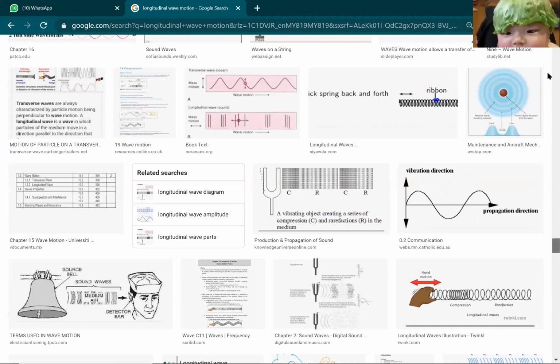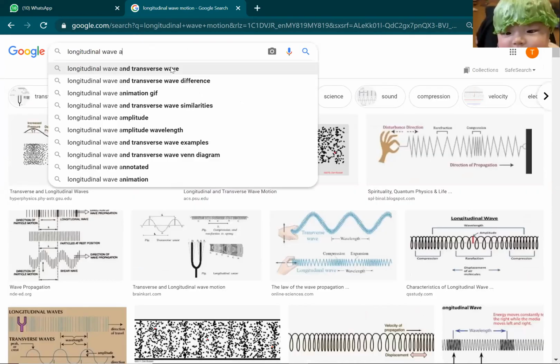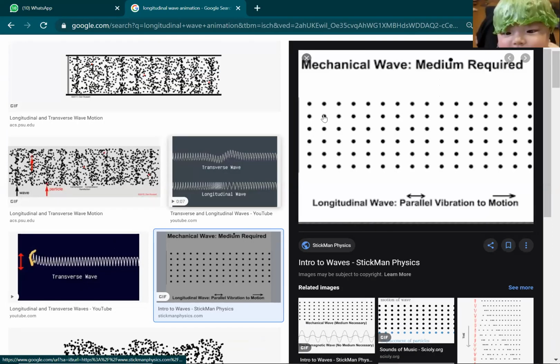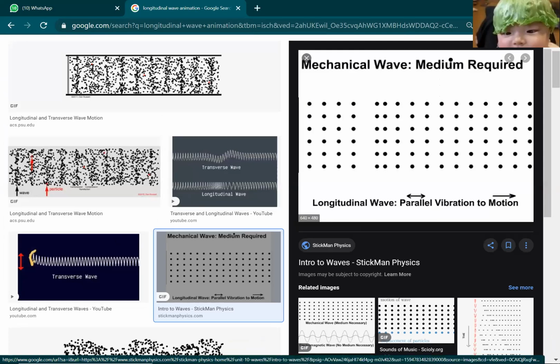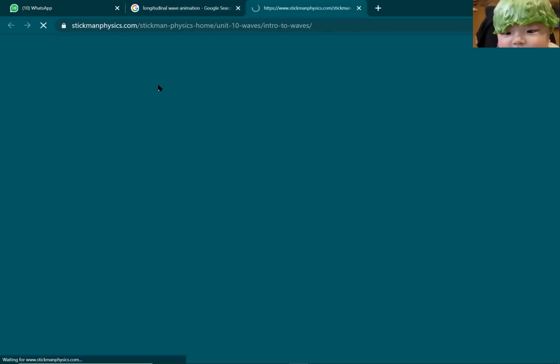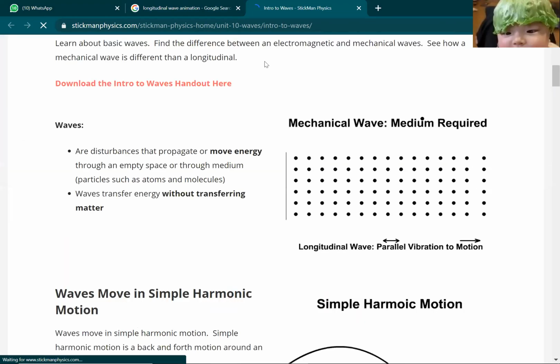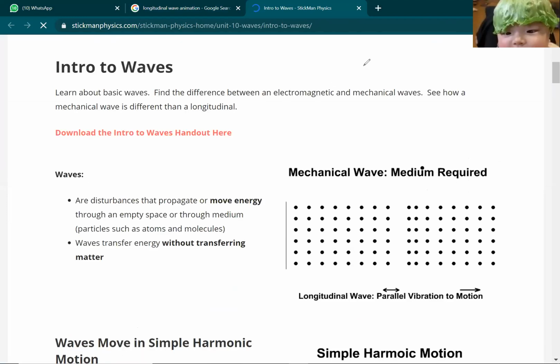Let me try longitudinal wave animation. Okay, this one. Now you see this one. Now see this? This is longitudinal. Let me wait. This one here.